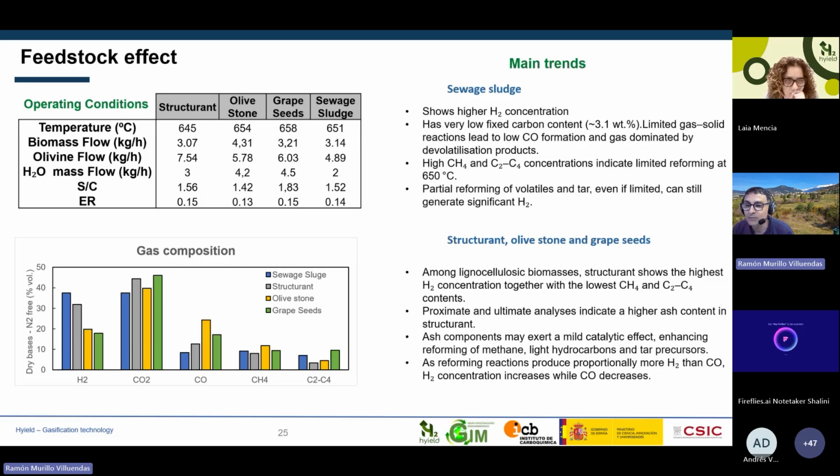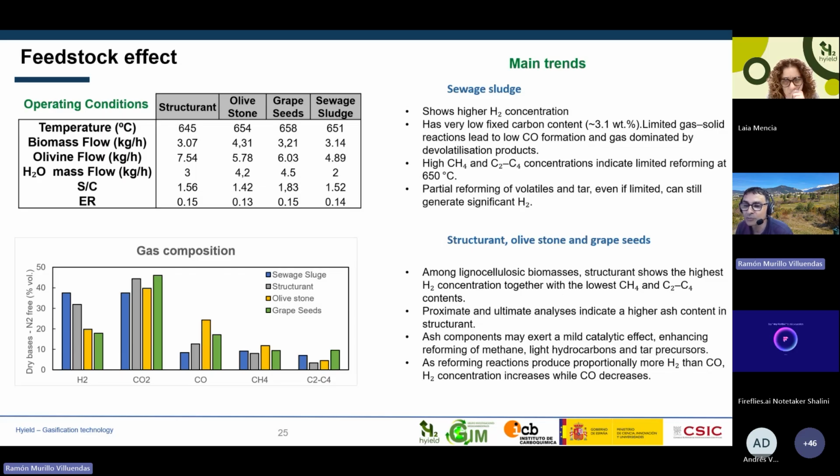As a consequence, gas production from sewage sludge is largely dominated by the volatilization reaction, leading to high methane and light hydrocarbon contents. At 650 degrees C, reforming reactions are kinetically limited, but not negligible.